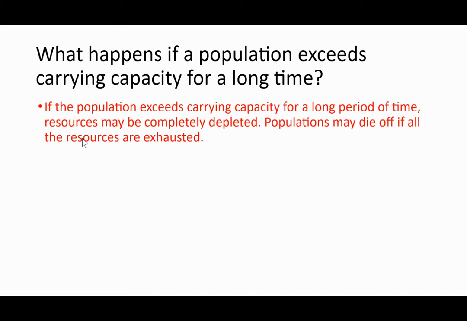A good example of this, though, is in Yellowstone National Park, where the caribou or the moose population, they didn't have any predators. There were no wolves for a number of years, and so they overgrazed their habitat. And it got to the point where their numbers were just extreme, that they were running out of food because they had no predators to control their population numbers.